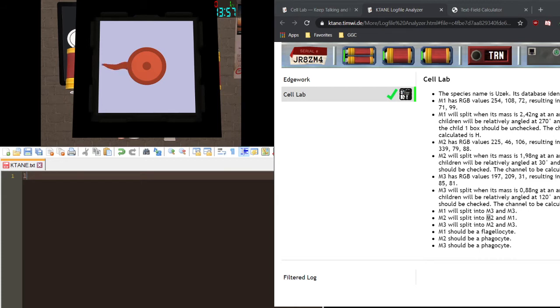M3 had a child that is the same as the cell we're focusing on, so we add 2. M1 does not have a child that is the same cell number as the one we're focusing on, so we do not add 2, meaning this turns out to be 3, which just so happens to be a phagocyte. Same thing happens with M3.